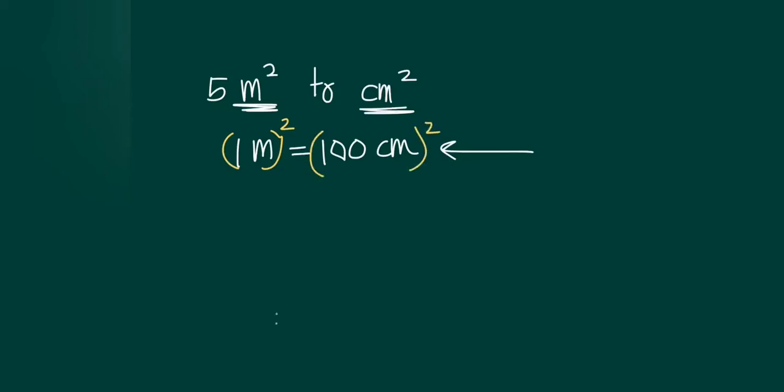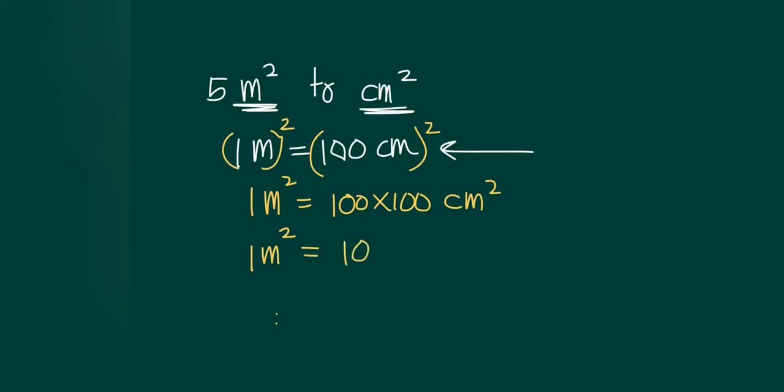So 1 squared is 1, m squared is m squared. On the other side, 100 squared means 100 times 100, and cm squared means cm squared. So 1 m squared is 100 times 100, which is 1 with 4 zeros, equivalent to 10,000 cm squared.